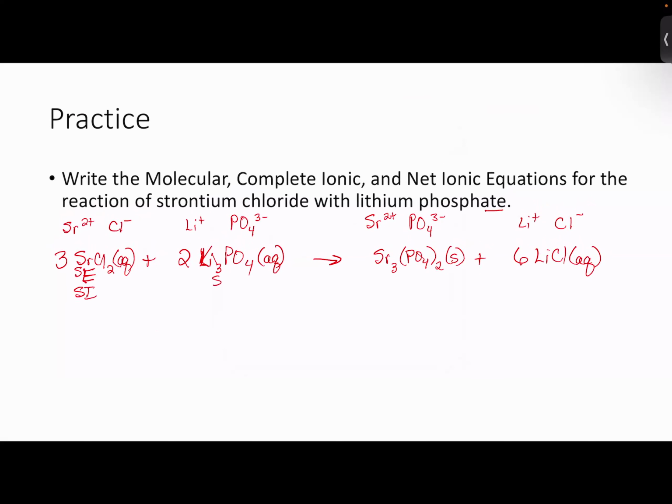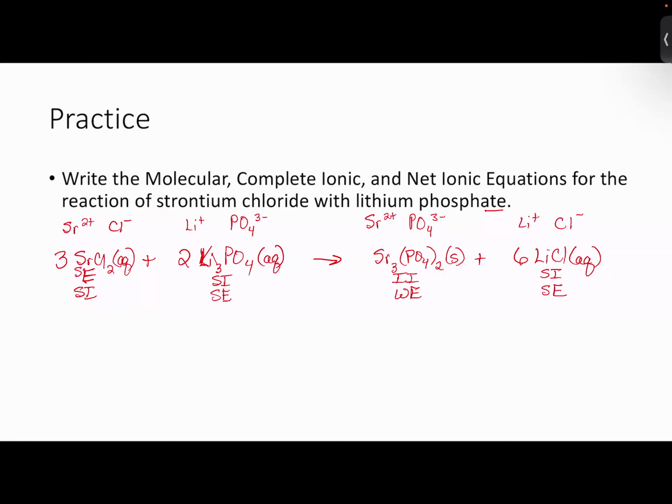Lithium phosphate is a soluble ionic compound, therefore it is a strong electrolyte. Strontium phosphate, however, is an insoluble ionic compound, and therefore it is a weak electrolyte. Lithium chloride is a soluble ionic compound, and therefore it is a strong electrolyte.